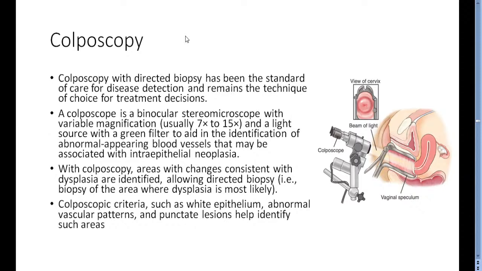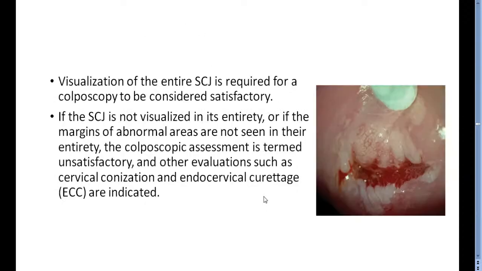Colposcopic criteria such as white epithelium, abnormal vascularity, and punctation on the cervical surface help to identify problem areas of the disease. This is a photograph of the cervix with some problems. With visualization, we must see the squamocolumnar junction, which stands for SCJ.